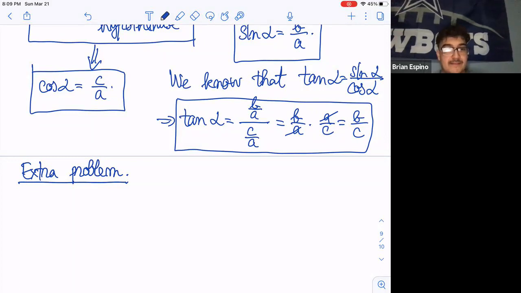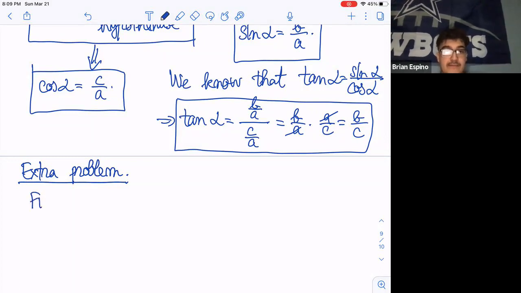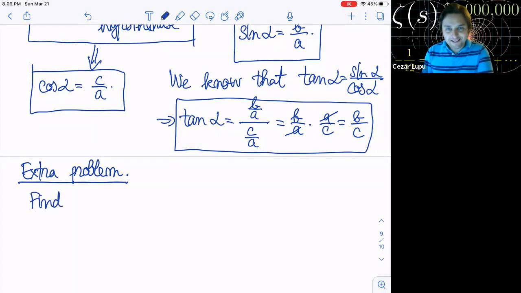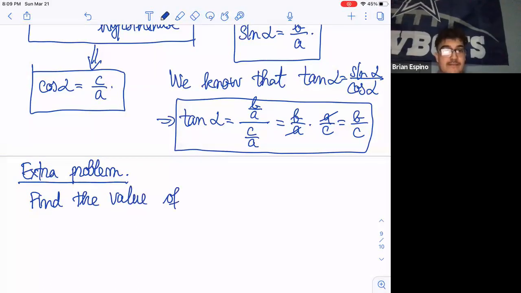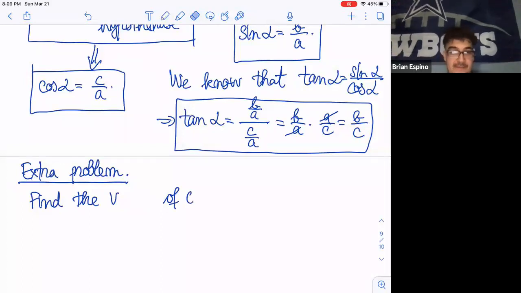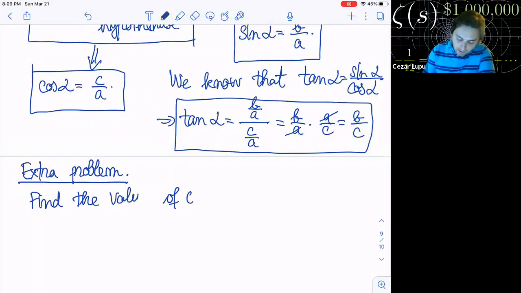Find the value of the constant C that makes the function f of s continuous. Wait, slower. The value or the values? The value of constant C, such that?